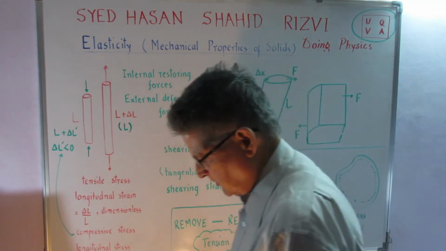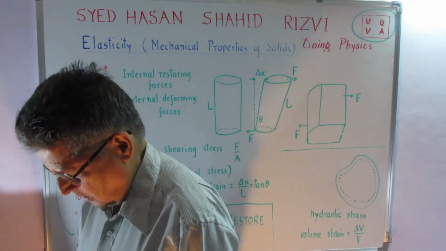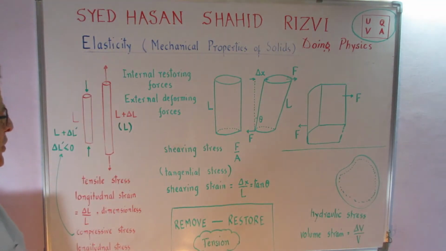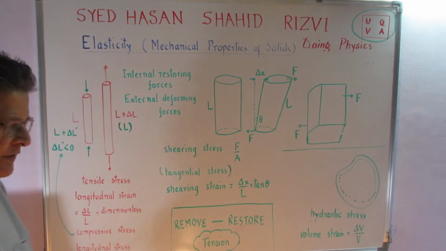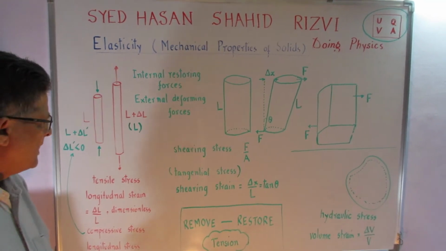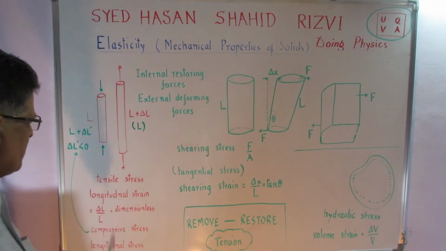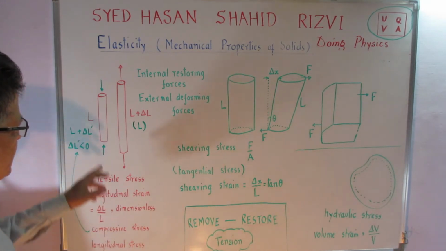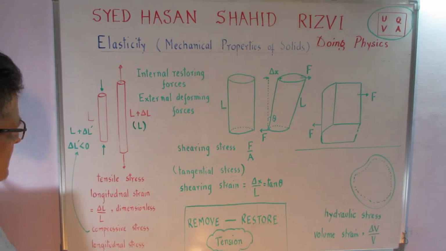Now I'm just introducing to you various kinds of situations in which we can talk about the stress and strain. In the first case, I talk about longitudinal stress and longitudinal strain.